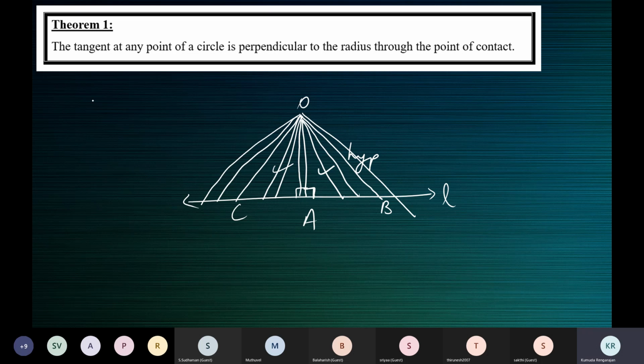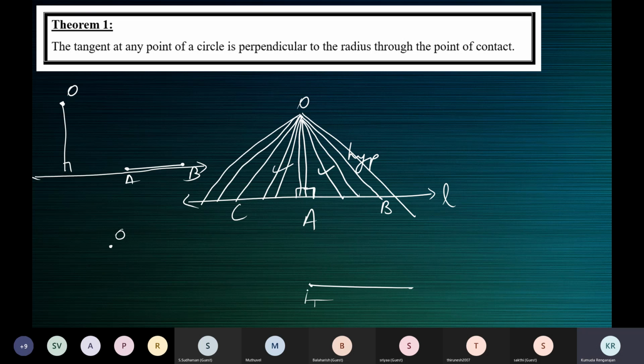So don't imagine something like this. Supposing the point O is here and supposing the line is here like this, how will we find the perpendicular distance? Children, we are talking about a line, not a line segment. Obviously, if there's a point O here and a line segment AB here, how can you draw a perpendicular from O to AB?